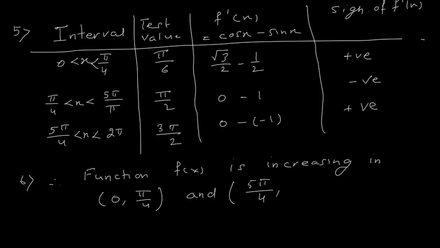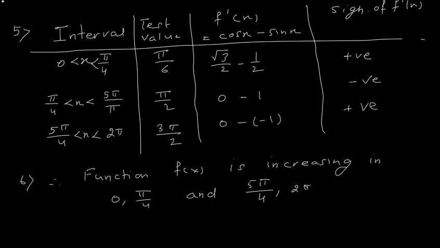Now when it is asked to find an increasing or decreasing function, and it is not asked to find strictly increasing or decreasing, in that case we use the close bracket, that is, we use the critical points also in our solution. At a critical point you will get 0 as the answer. So your function is increasing when f dash x is greater than or equal to 0.